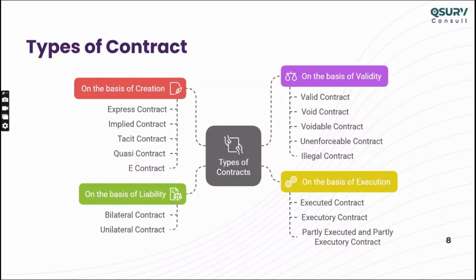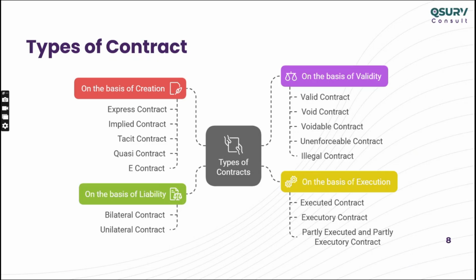So it's classified into mainly four types: on the base of creation, on the base of validity, on the base of liability, and on the base of execution. On the base of creation: express contract, implied contract, tacit contract, quasi contract, and e-contract.